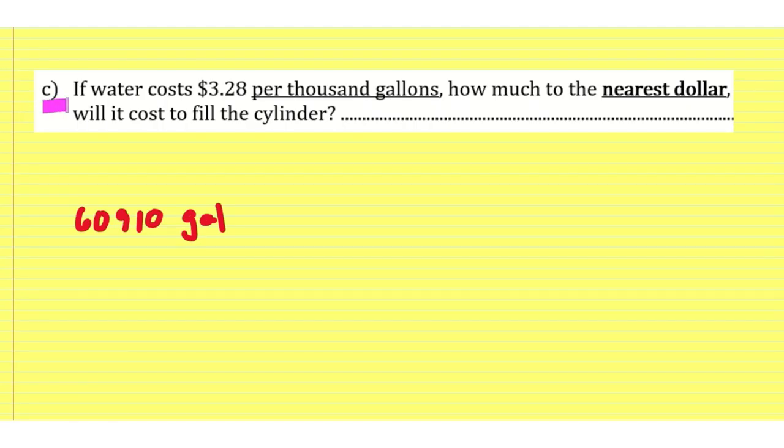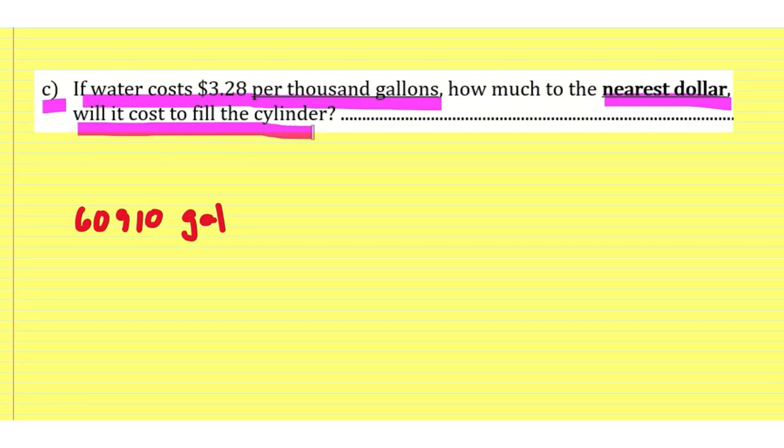Part C is the final question for this video, and it says, if the water costs $3.28 per 1,000 gallons, how much to the nearest dollar will it cost to fill the cylinder? Okay, so we determined that our cylinder could hold 60,910 gallons.